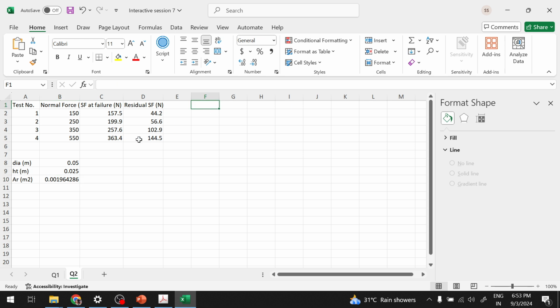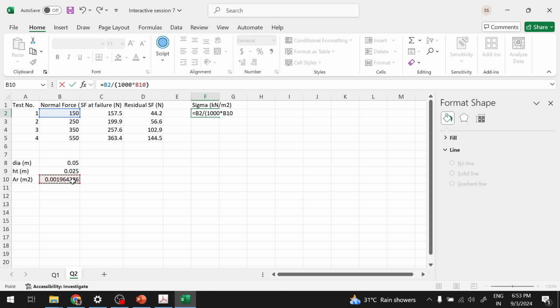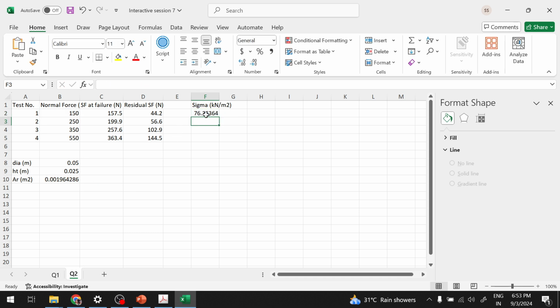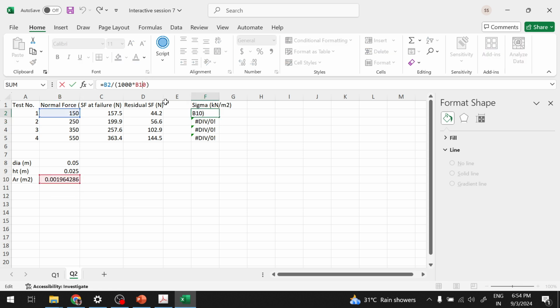Then our normal stress, sigma in kilonewton per meter square, will be force divided by 1000 for kilonewton, and area. Actually, I should have chosen this.